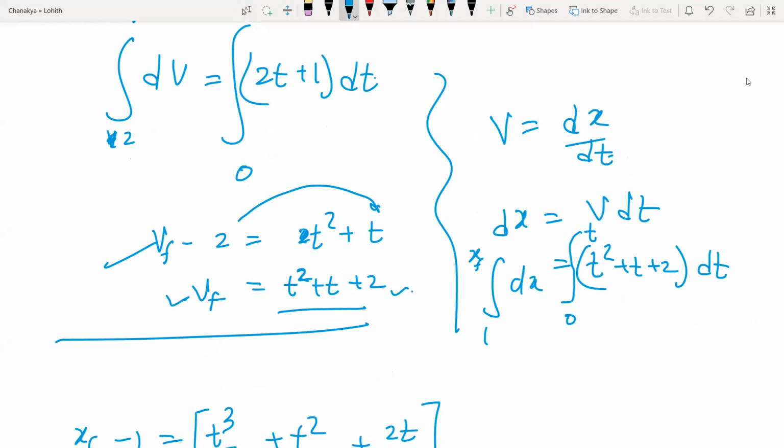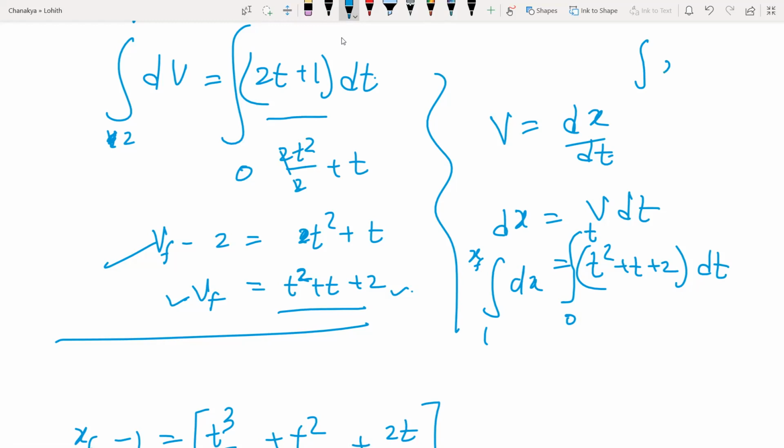What happened? Any confusion? I didn't get the integration part, sir. So 2t will become t square and plus 1 will become only plus 1, right, sir? Oh, this one, velocity integration. Yes, sir. Here we'll get t square plus 1, limit of 0 to t. So 2t square by 2 cancel, plus t. Plus t.